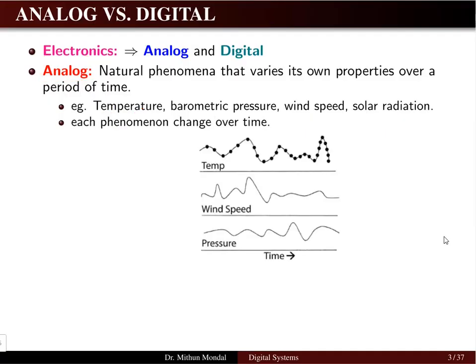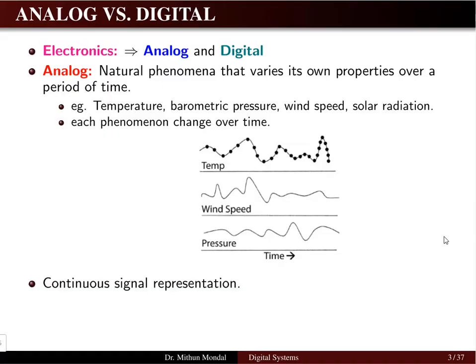In terms of the graphical representation of these physical quantities, that is temperature, wind speed and pressure, over a time t, we can see that this is a continuous process of measurement for each and every instant of time t, and hence these are known as the analog system.